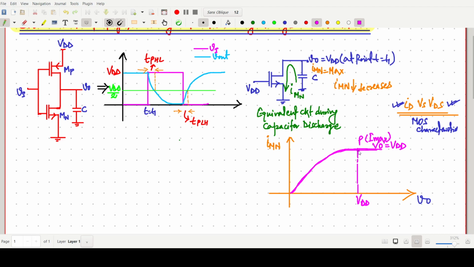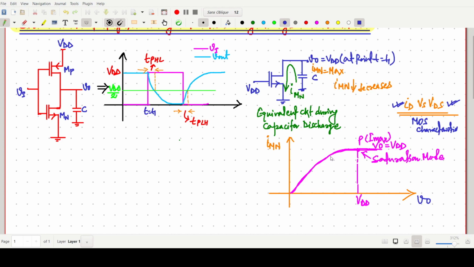This point is in the saturation mode. Then we observe that it starts discharging and the current will also decrease.